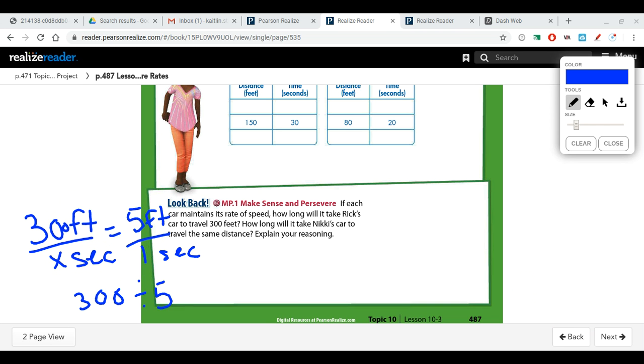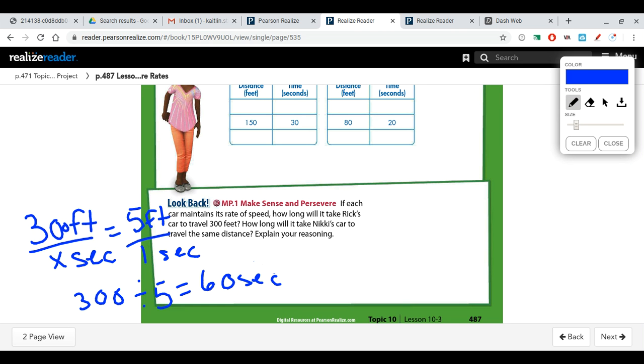When I do that, I end up with 60 feet, or 60 seconds, because that'll give me my unit rate. So it's not going to be 60 feet, it's going to be 60 seconds. By dividing my 300 feet by my unit rate, that tells me how many seconds it'll take, and it will take Rick 60 seconds.